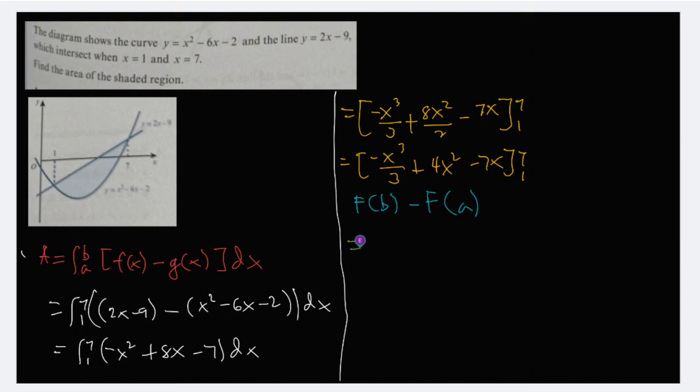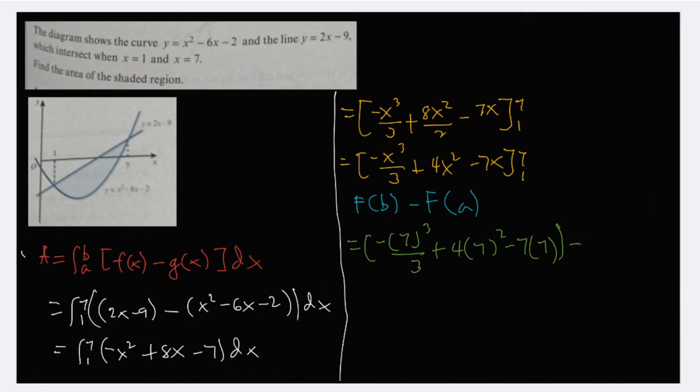Let's start with the b, the upper limit. That would be equal to negative, and this time we need to use parentheses because there are some negatives, 7 raised to 3 over 3, plus 4 times 7 squared minus 7 times 7. This is f of b minus our f of a.